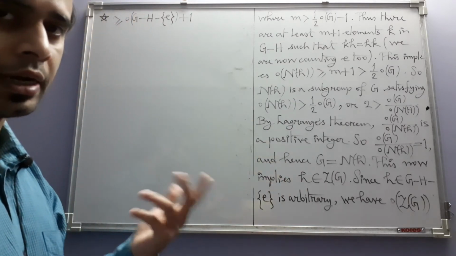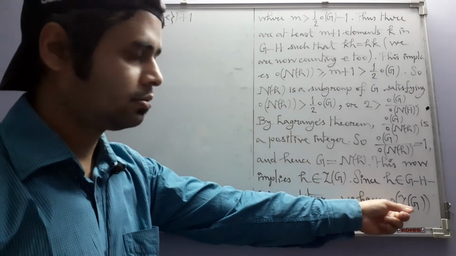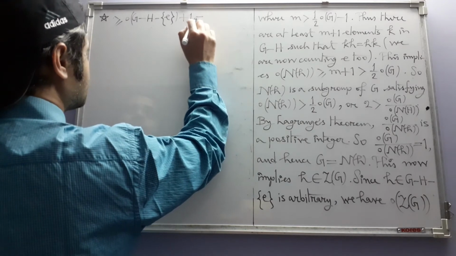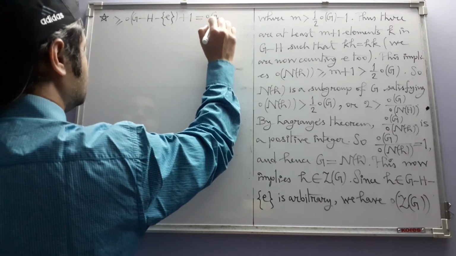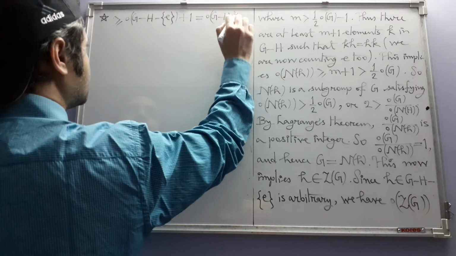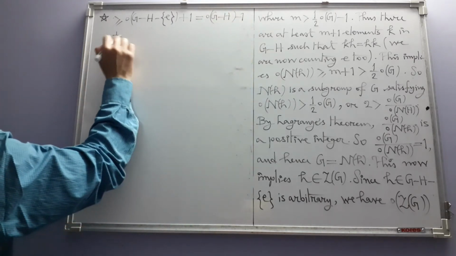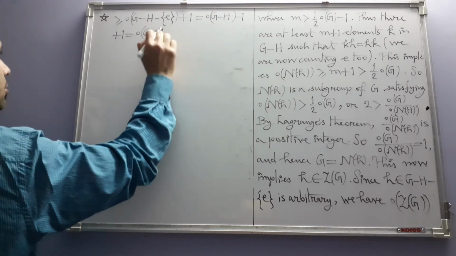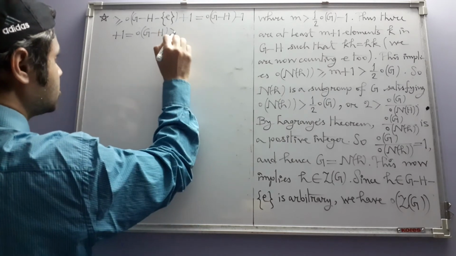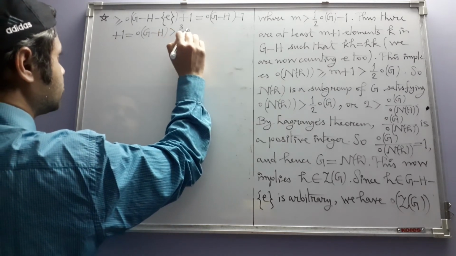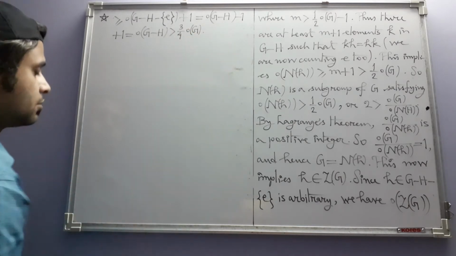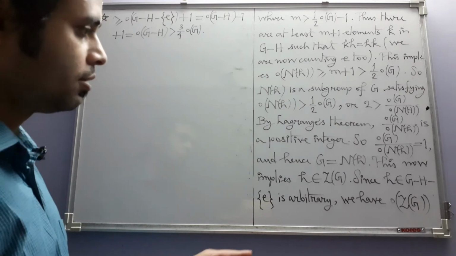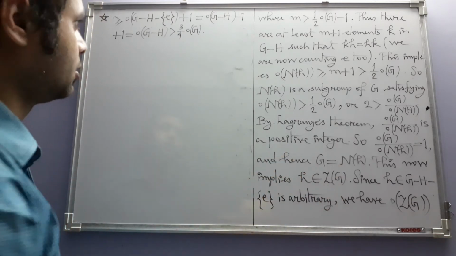Additionally, there is the identity element also in Z of G, so that's why we are putting plus 1, and this is order of G minus H minus 1 plus 1, which is order of G minus H, and which by our hypothesis is greater than 3/4 of the order of G. Now you can again apply Lagrange's theorem and conclude that Z of G is equal to G.